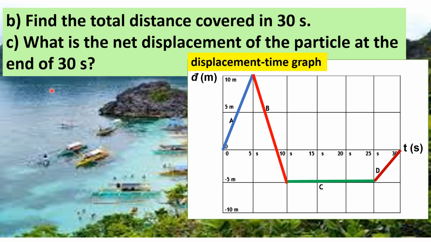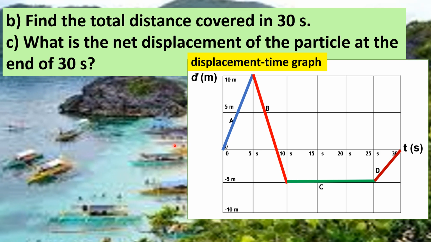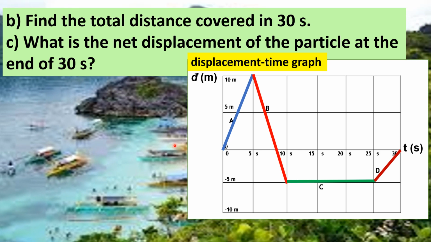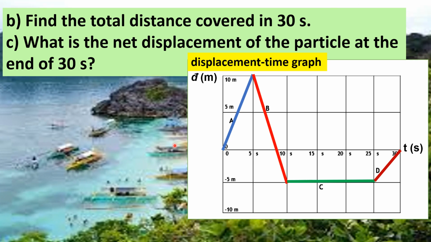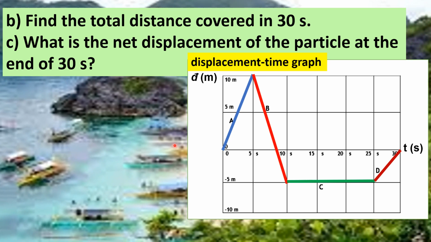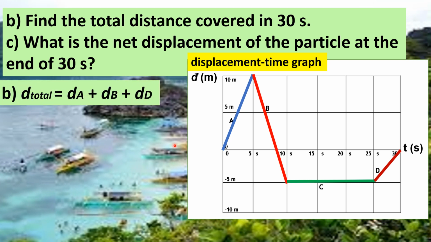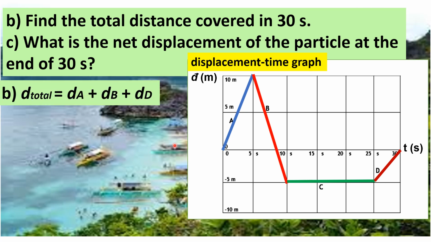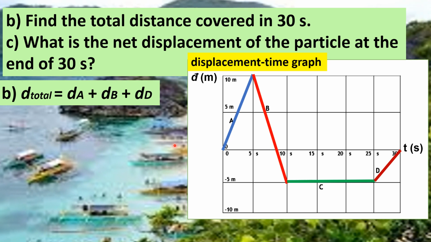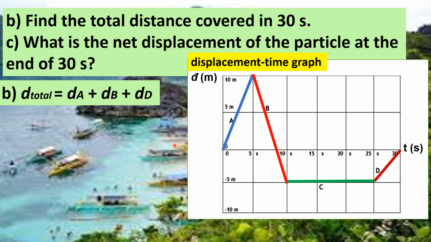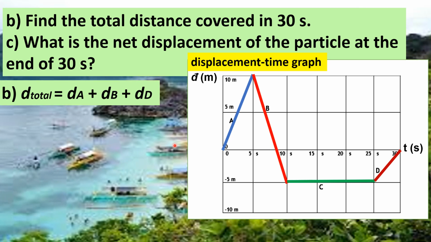Question letter B is asking for the total distance covered by the particle from time equals 0 to time equals 30 seconds. Since distance is a scalar quantity, we just add the distances traveled by the particle for segments A, B, C, and D, without considering the directions.